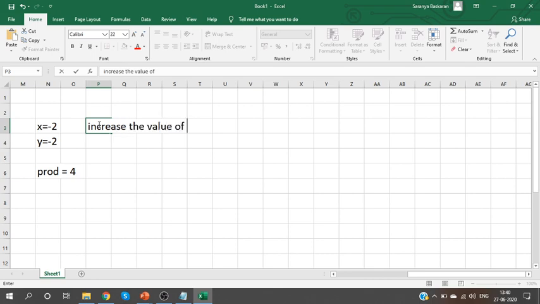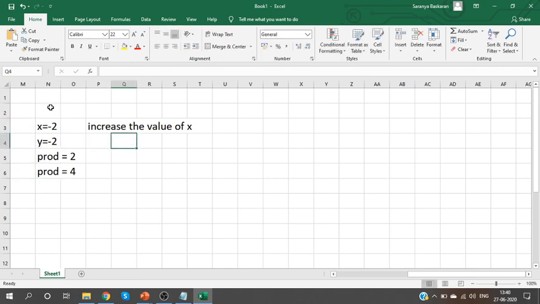When I increase the value of x by just 1, I'll get minus 1. Minus 1 into 2, our product value will be minus 2. So increase it so that your product value will be minimized, right?